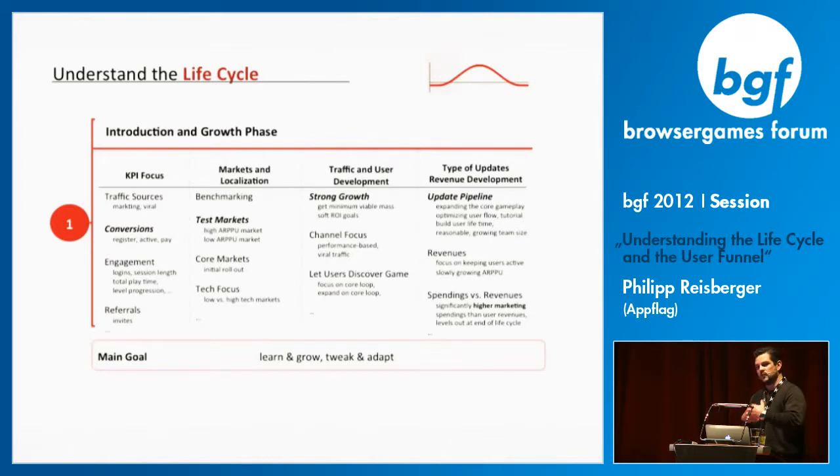But since you still have to learn a lot, maybe do not focus on your core market. Because if you burn your core market with a product that might be 80% ready but not 100%, especially the viral users are not very forgiving. So if you have an international audience, benchmark different markets that you already know.